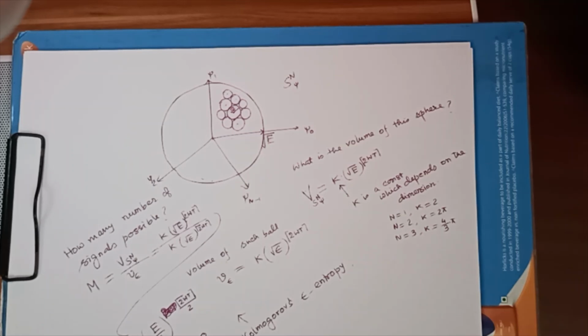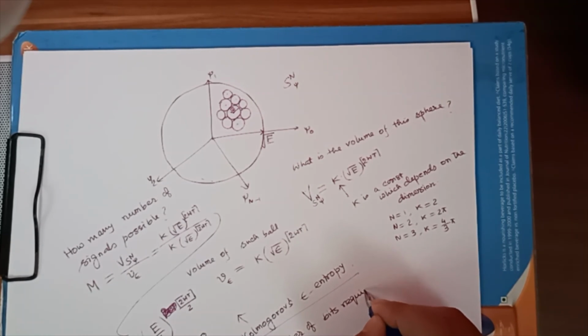Then we see that the number of such signals is finite, and it is called Kolmogorov's epsilon entropy. So how many bits are required to represent such a finite number of signals? Take logarithm. So the number of bits required will be approximately WT log E by epsilon.